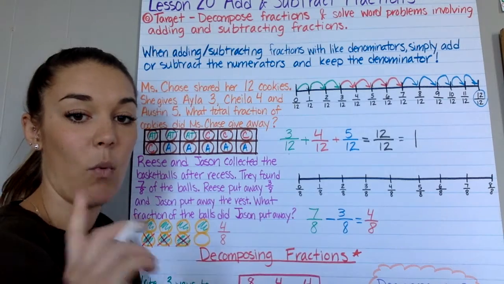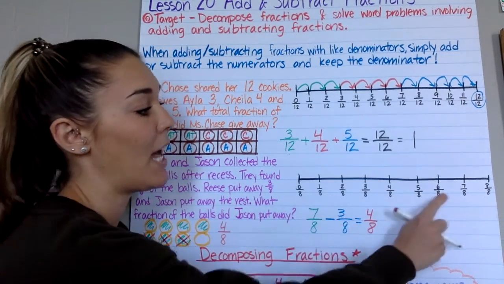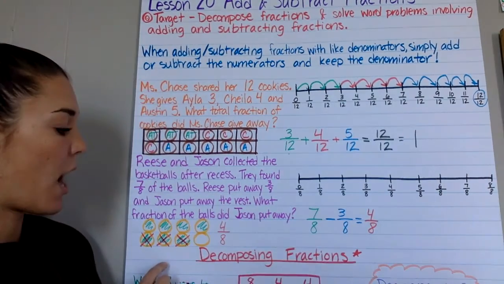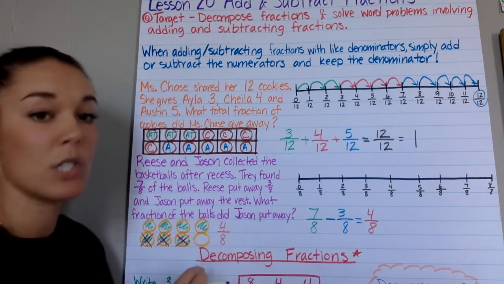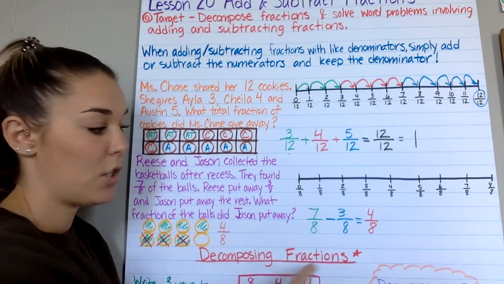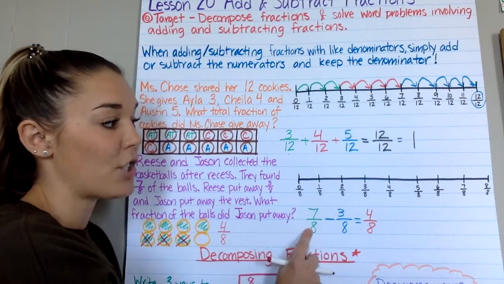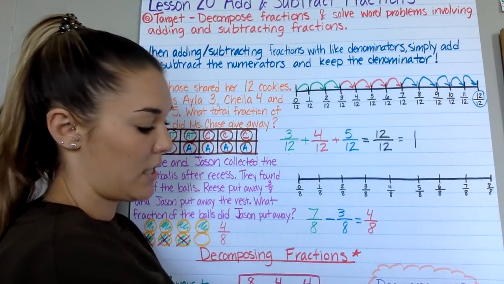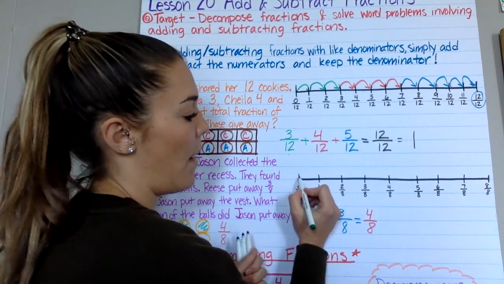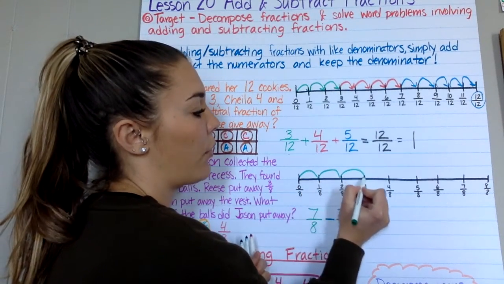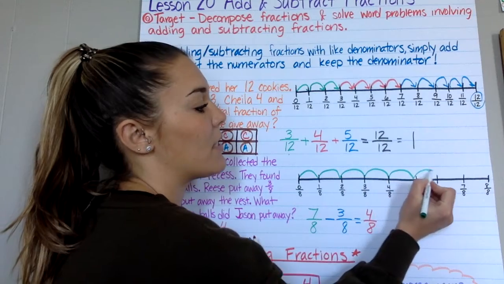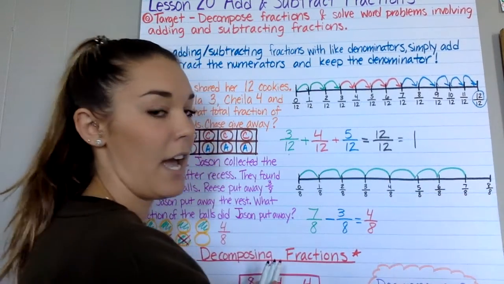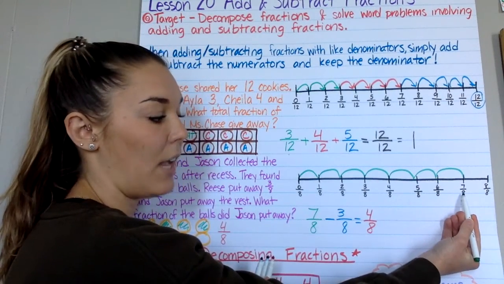Okay? Now, one last way I'm going to show you is on the number line. So we are going to figure out what we're starting at on the number line. So we need to start off with our big fraction here. So we have to hop all the way up to 7/8. Okay, so we're going to hop up 1, 2, 3, 4, 5, 6, 7. Okay, we've made it up to 7/8.